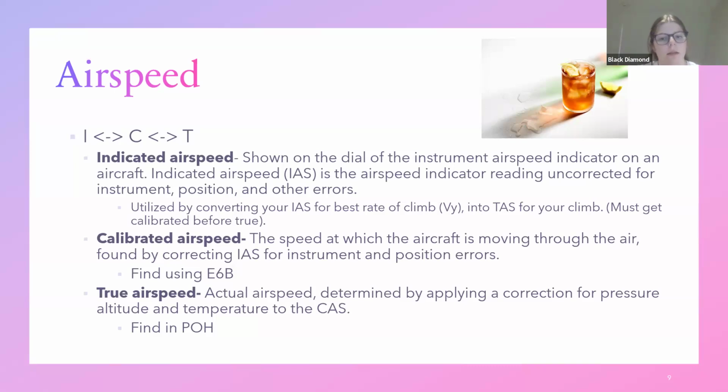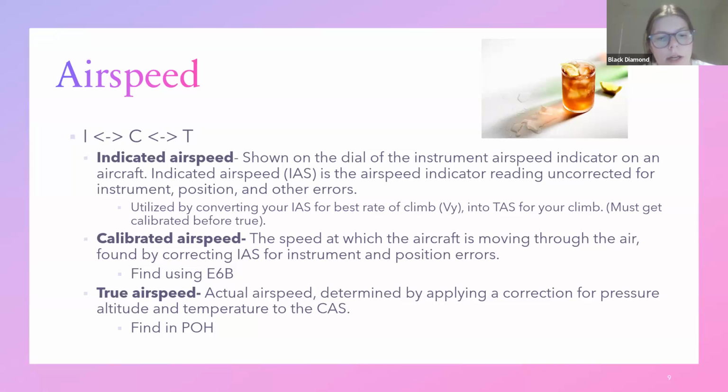In my airplane, my VY is 76. I know that I will be climbing out at my best rate of climb of 76 knots to then convert it to my true airspeed. Of course I know I have to get calibrated, but that is where I'm utilizing the indicated. I know I'm climbing out at 76 knots, so I can use that, and then go find my calibrated to get my true.